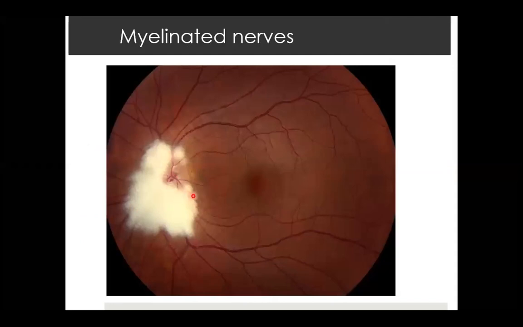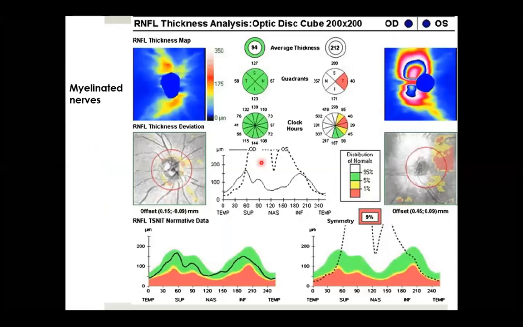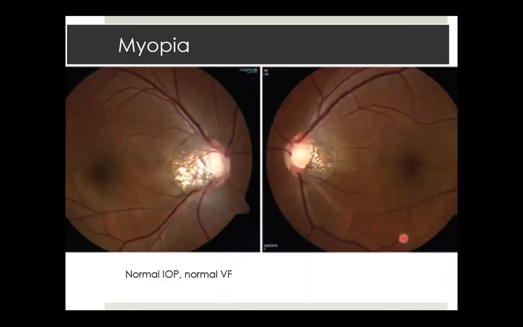This is a patient who has myelinated optic nerve. Also in this case, for the left eye, you'll find that there's a lot of white areas because this is way above normal. Myopic eyes are very difficult to interpret because you might think it's red disease, but maybe they have pathological myopia and glaucoma.